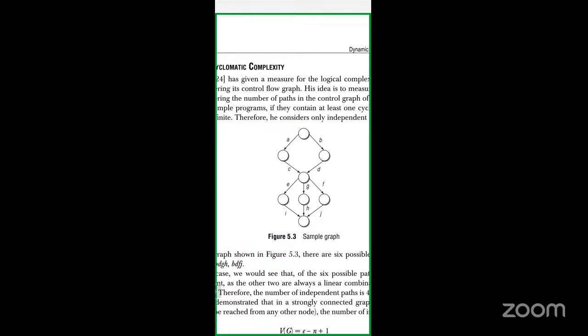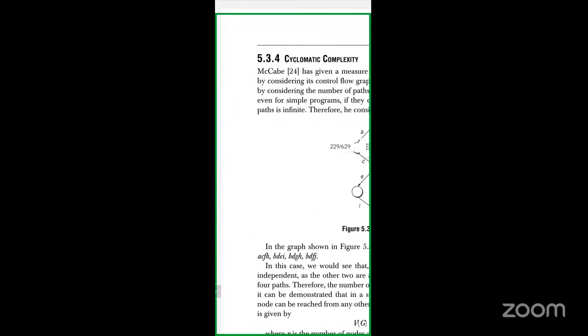Otherwise, B, D, G, H we can reach. Otherwise, A, C, E, I we can reach. Otherwise, A, C, G, H we can reach. Okay. So this is the complete flow of that particular given graph.